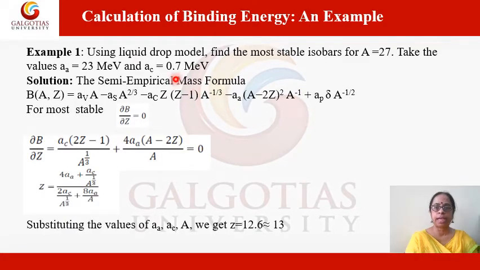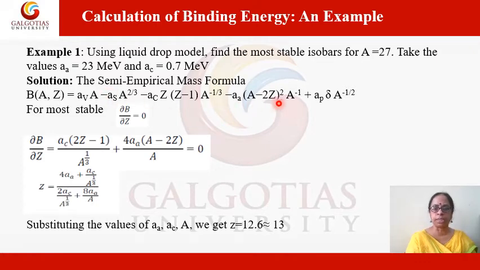Now we will see calculation of binding energy by an example. Example 1. Using the liquid drop model, find the most stable isobar for mass number A equal to 27. The values of AA and AC are given. So first we will write down the expression of binding energy with the help of the semi-empirical mass formula. As it is asked about the most stable isobar, we will make del B by del Z equal to 0. So we will differentiate. The first and second terms will not contribute anything.